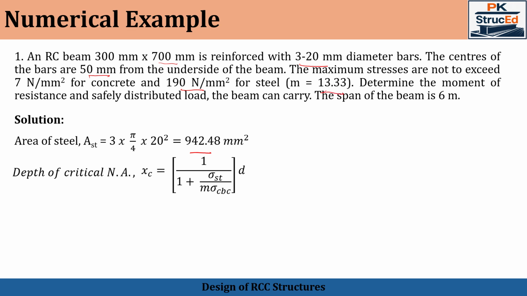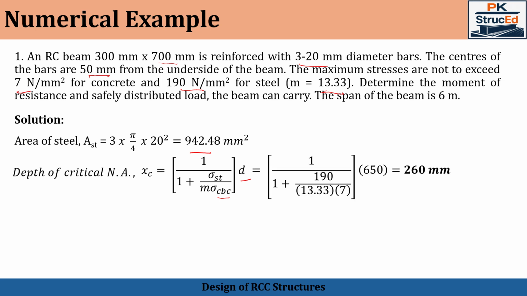Sigma CBC is the maximum compressive stress in concrete under bending, given as 7 Newton per mm square, and d is the effective depth of the beam, which we just computed as 650 mm. Substituting all the values, we get the depth of the critical neutral axis as 260 mm.